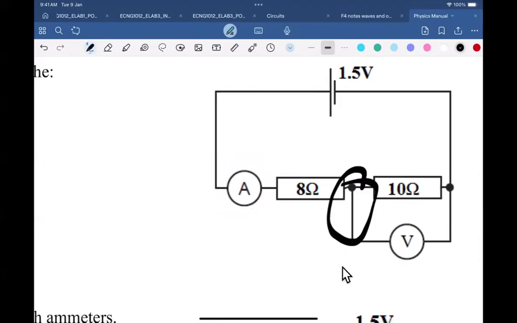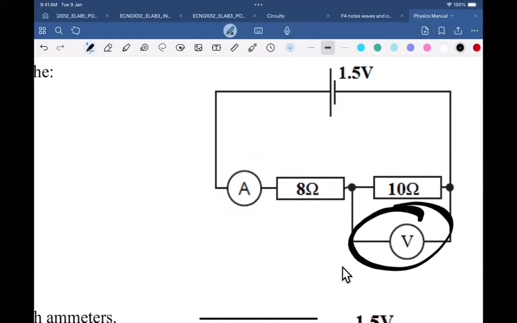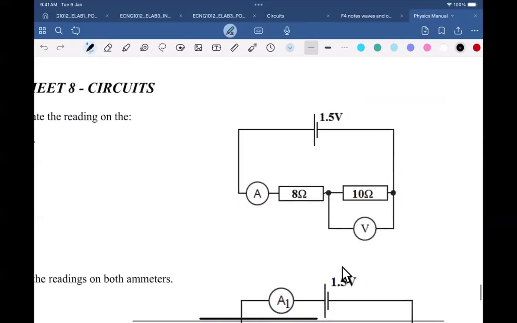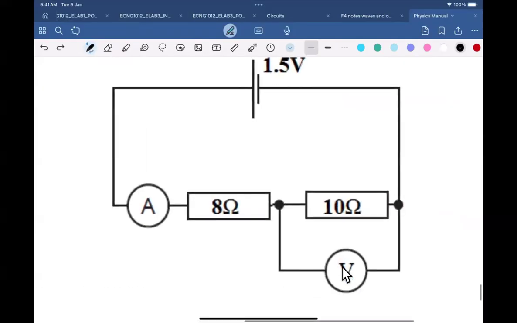The line across with the 10, the 10 ohm. Like a separate rectangle, not the full one, not including the line with the voltage, but that 10.